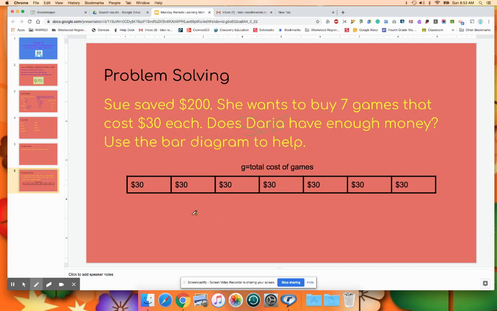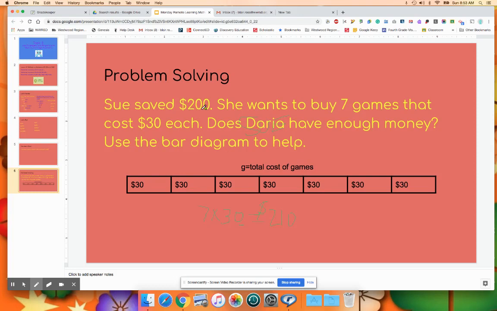So this bar diagram represents 7 groups of 30, right? 7 times 30. Let's use our basic fact. 7 times 3 is 21. And then how many zeros do I add? 1. So the cost of all of the games for Sue would be $210.